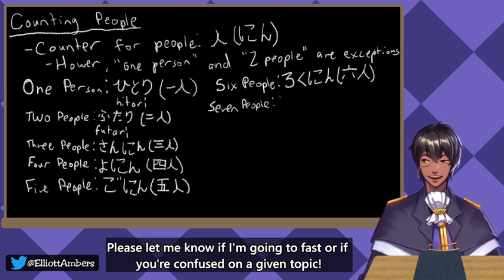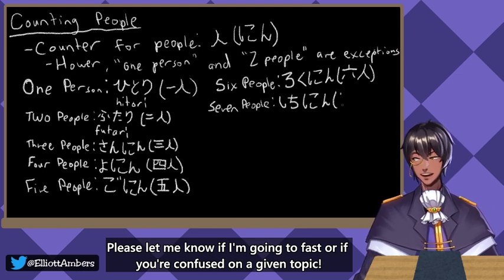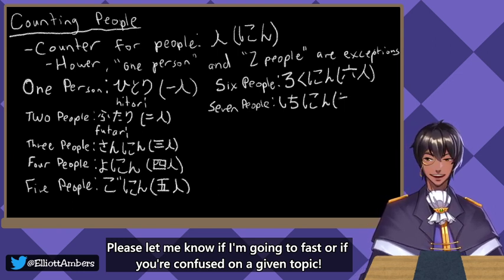I'll stay consistent with that. Shichinin? Right? Isn't it a nightmare? Have to know all these different counters. That's why I just want to throw a simple one at you guys first. This is the first time we've really done counters for anything. And I think counting people is fairly straightforward.